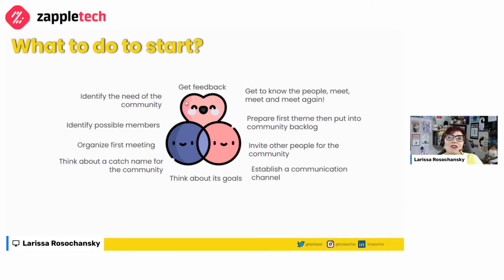Think about the goals of the community. What do we want to achieve as a community? Do we want only to share the learnings? We want to bring innovation from the market. We want to help everyone else. We want to improve their skills. We want to do some dojos. So think about the goals of the community.